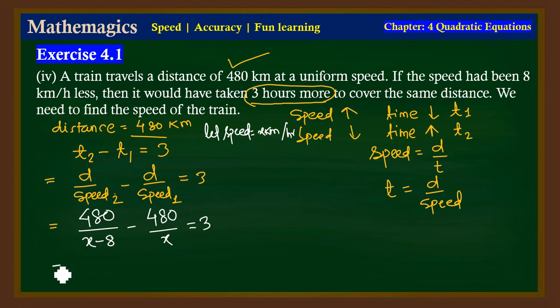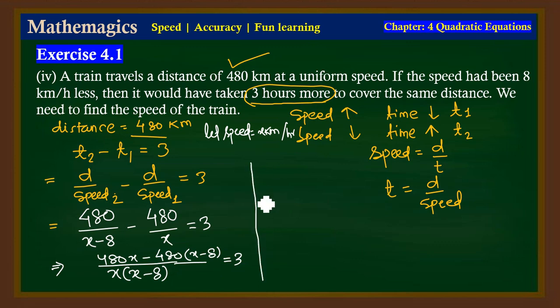So let us just solve it here. The LCM is equal to x into x minus 8. And the numerator becomes, by cross multiplying, 480x minus 480 into x minus 8, and that is equal to 3. So the next step: 480x minus 480 into x becomes 480x, and minus becomes plus, and that becomes 480 into 8.